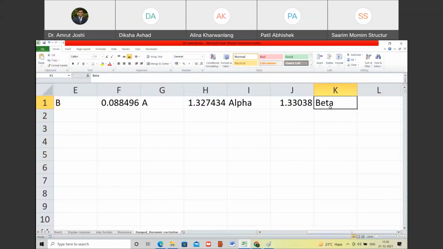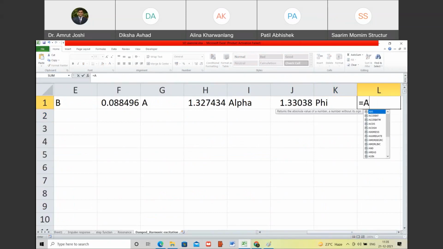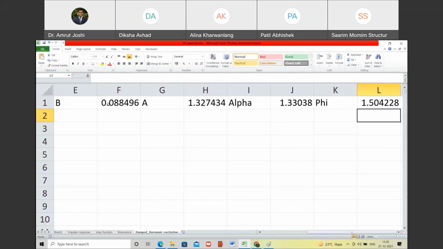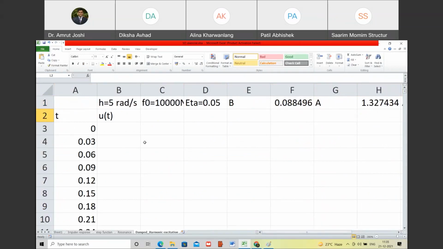No, not beta, phi. Phi की value क्या? Tan inverse of A by B, right? So it is 1.5 radian. ठीक होगा. Now अब आगे चलते हैं.